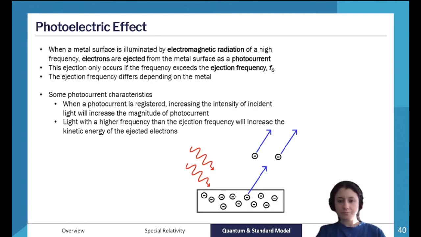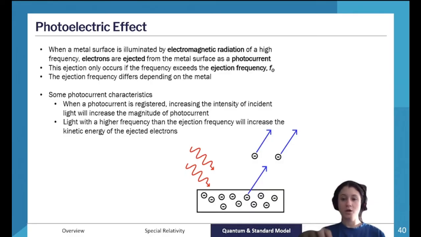Now, if light were a wave, instead of little packets of energy like you do with particles, it would be a continuous wave. So what you'd expect is that even if the frequency is really low, it keeps washing up more and more energy, building up and distributing it to each of the electrons.